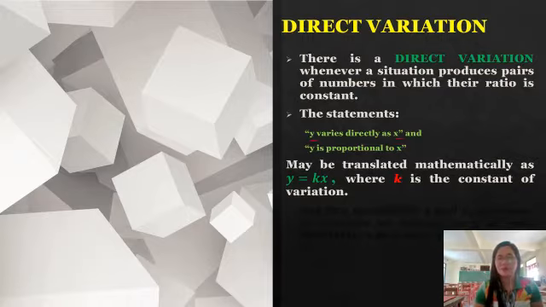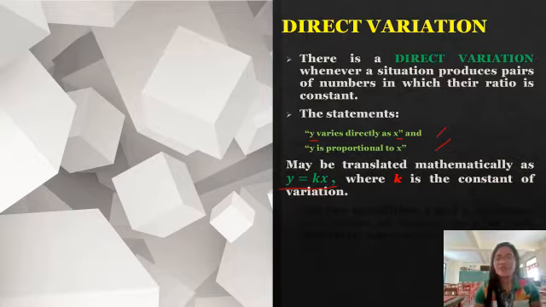If we say variables, these are represented by a letter. So y is proportional to x is also an example of direct variation, and it may be translated mathematically as y equals kx, where k is the constant of variation.